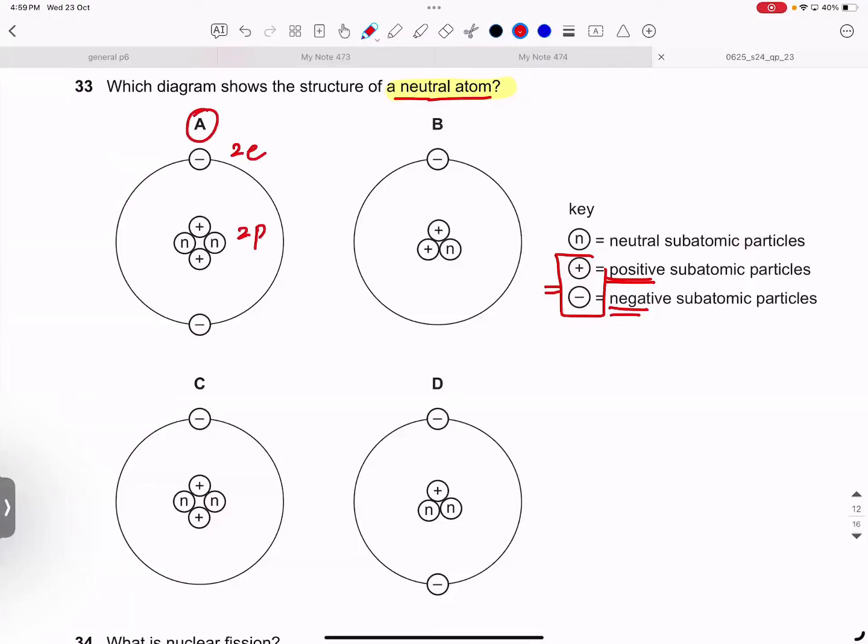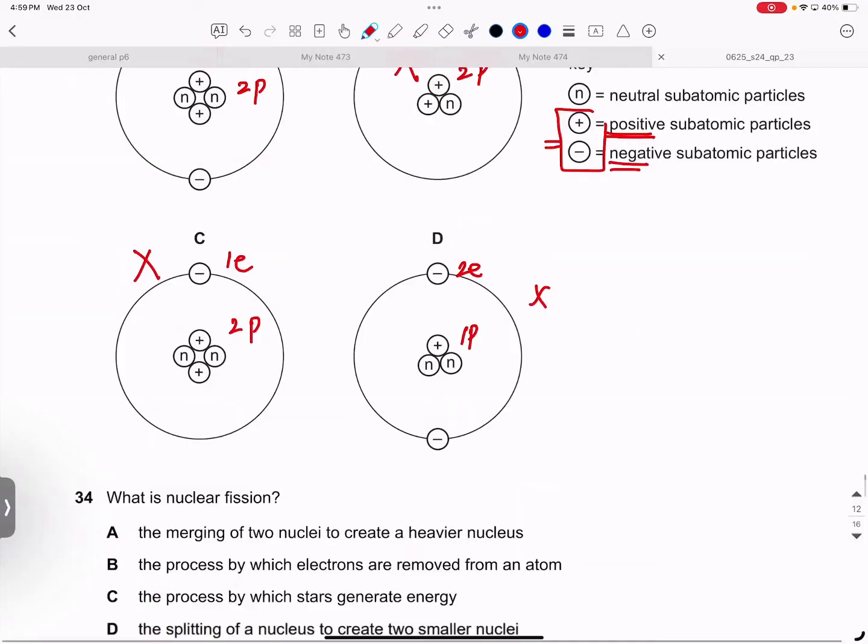Yes, correct. Here, 1 electron, 2 protons. Wrong. 1 electron, 2 protons. Wrong. 2 electrons, 1 proton. Wrong. A neutral atom has an equal number of electrons and protons. Option A.